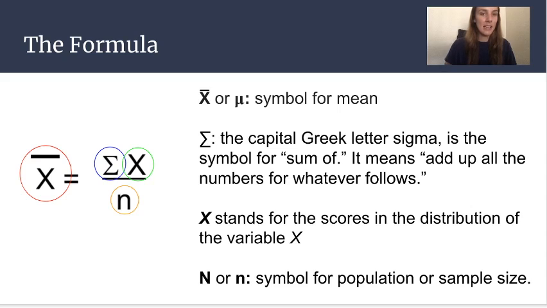So in this case, it's saying to add up all of the numbers of whatever follows. And in this case, whatever follows is variable x, or whatever variable of interest we have. So the x stands for all of the scores in the distribution on our variable x. And then we'll have n in there as well. In this case, we'll be using a lowercase n because x bar is the symbol for a sample.